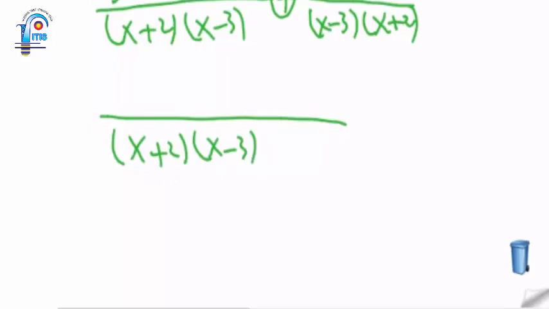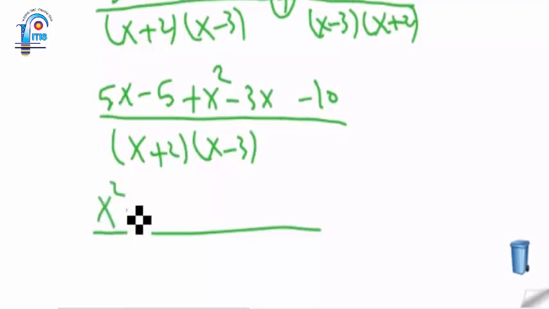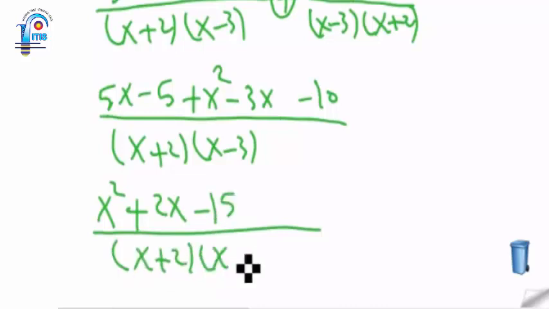We will distribute the bracket, x times 5 will be 5x minus 5. And we expand the two brackets, it will be x squared minus 10 minus 3x. Collect the like terms and arrange: x squared plus 2x minus 15, over the denominator x plus 2, x minus 3.